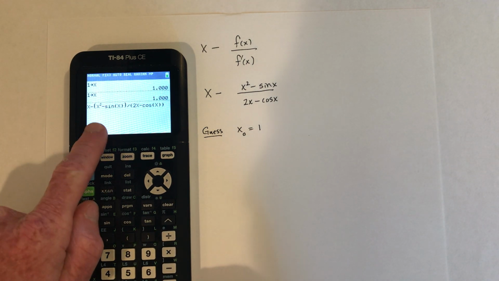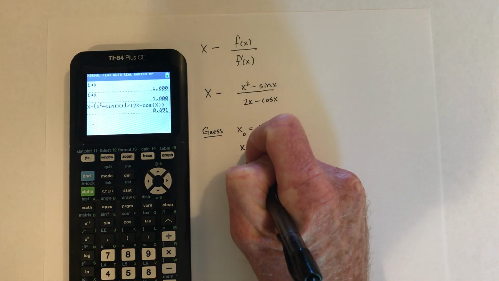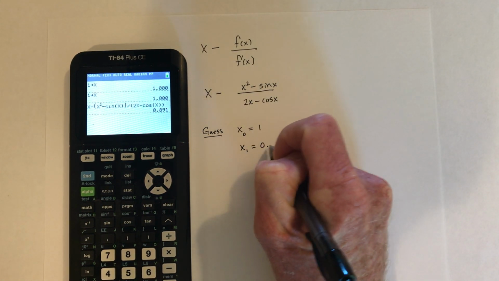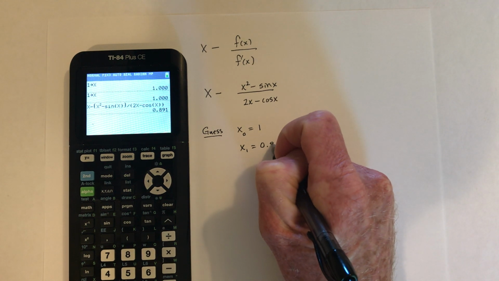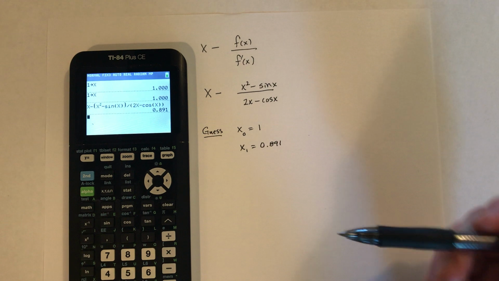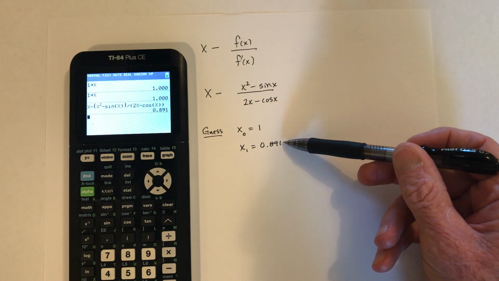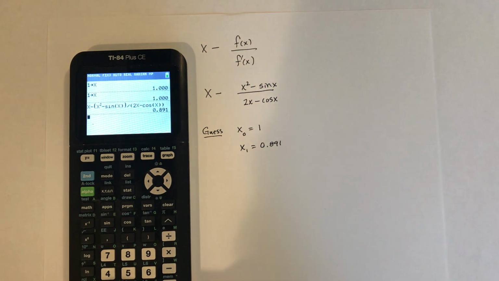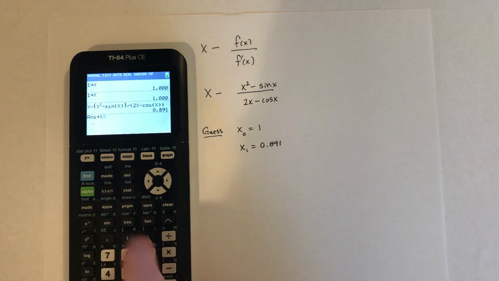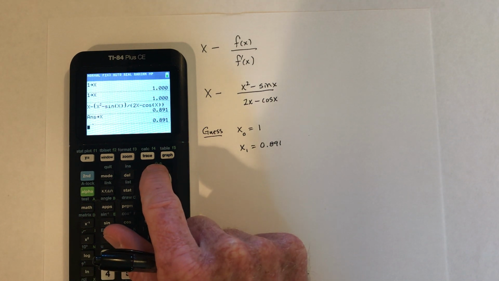And now the calculator is going to plug a 1 in for all those x's. So then, just like we got on the other page, the little algorithm says your guess of 1 is pretty good, but it's actually closer to being 0.891. Then what you can do is go store that as x, and then get the formula back again.